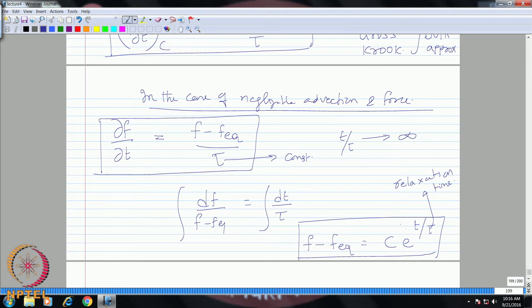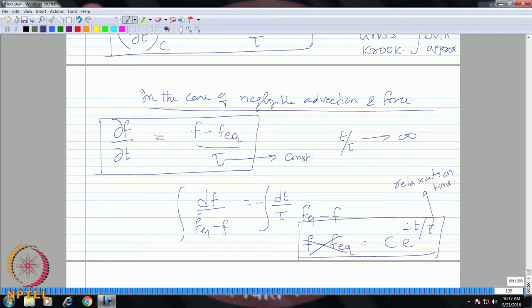I think we have to make this F equilibrium minus F, so that we know what we are talking about here. So, we will have a minus sign here, and therefore this will be F equilibrium minus F, and we have a minus sign.